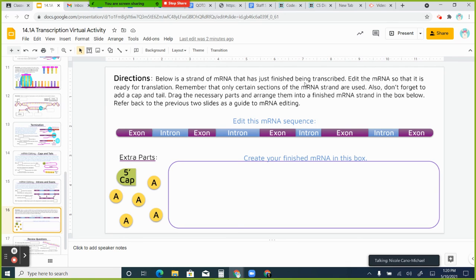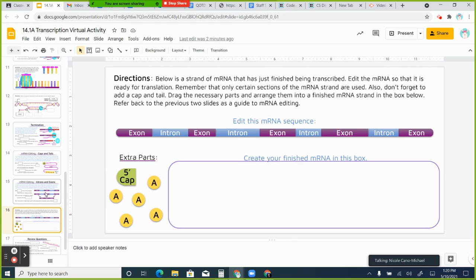Remember that only certain sections of the mRNA strand are used. Also, don't forget to add a cap and a tail. Drag the necessary parts and arrange them into a finished mRNA strand in the box below. Refer back to the previous 2 slides as a guide to mRNA editing.